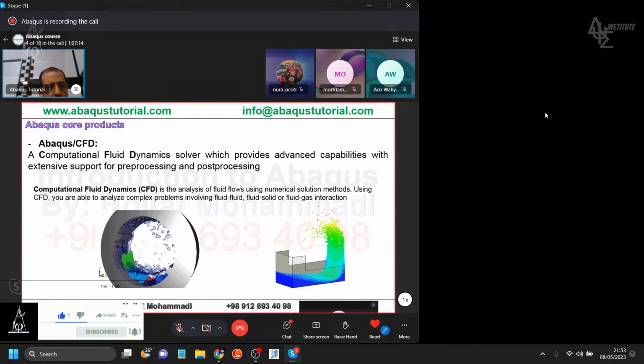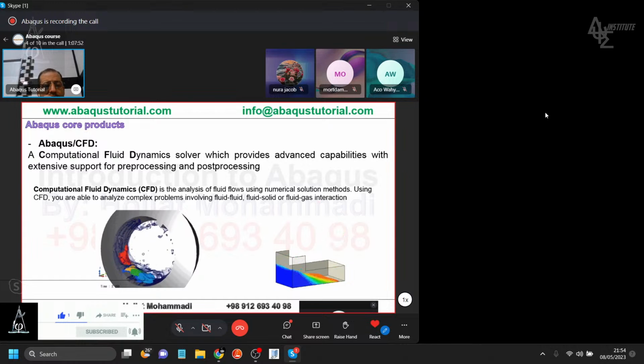As you can see in this solver, we are able to model fluids and their effects on another, for example, solid or fluid parts. Okay. Please note that there are many methods to define fluids in ABAQUS.